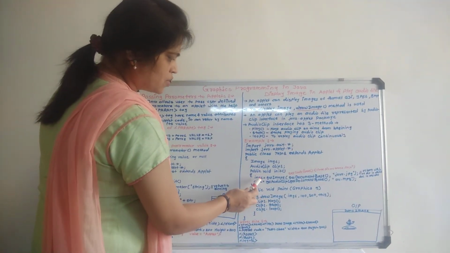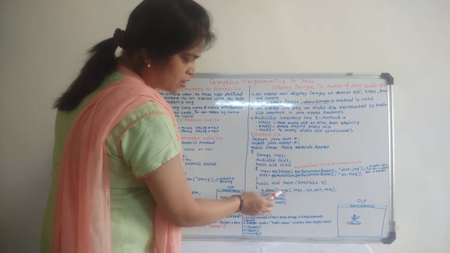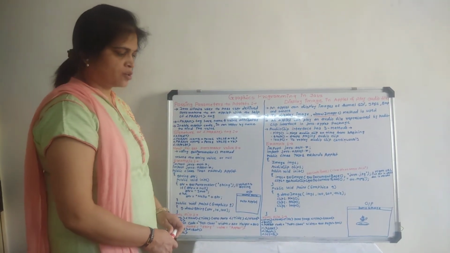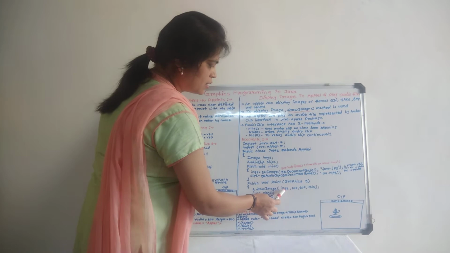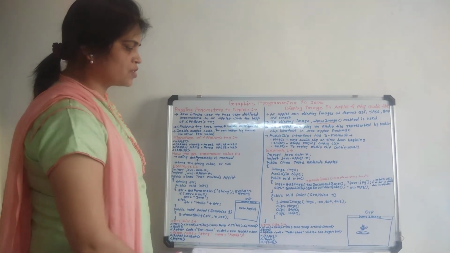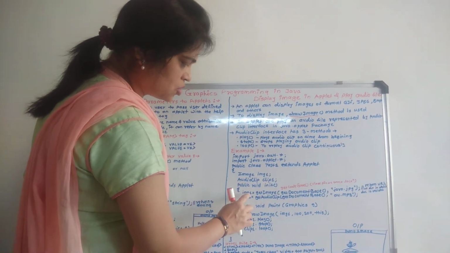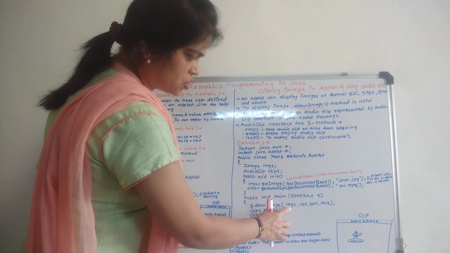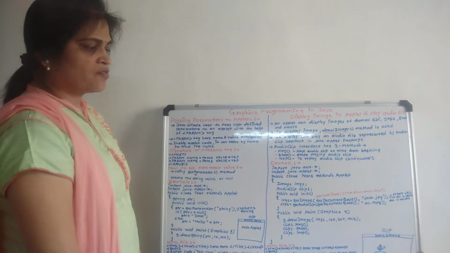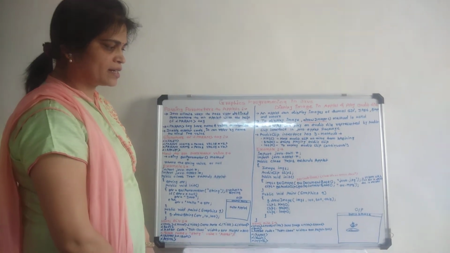For drawing the image, once you have the image file in an Image object, then by using the drawImage method, you can draw that image at an appropriate location. The drawImage method has 4 parameters. The first one is which image you want to display, that is the image where you have loaded it. Then the x and y position where you want to display it on the applet screen.